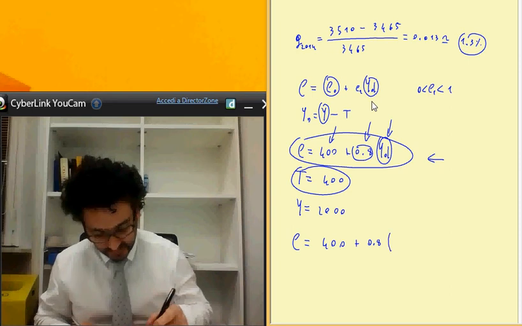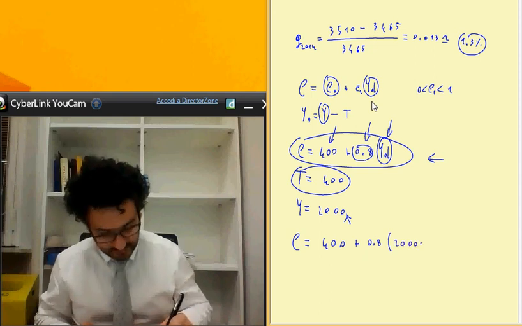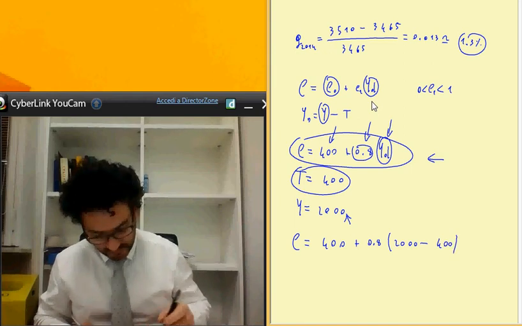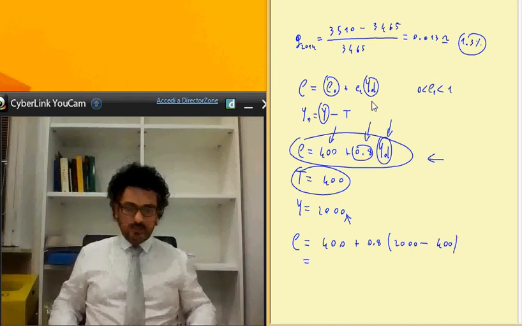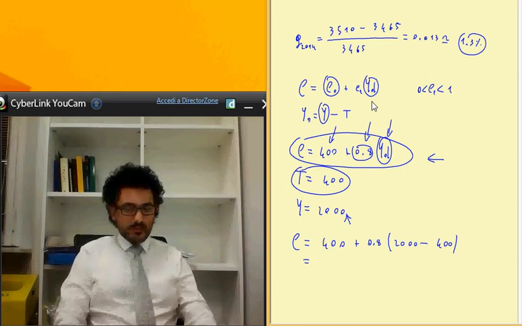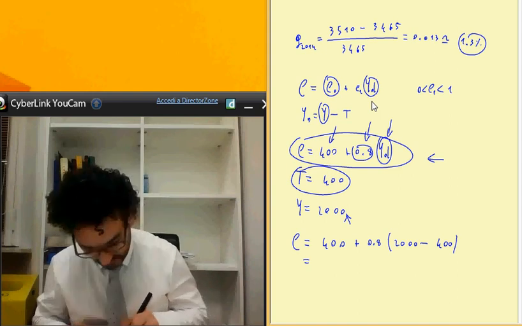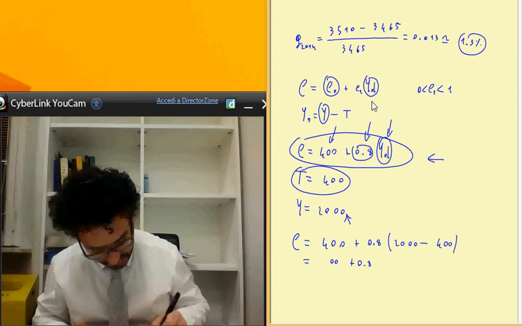But disposable income in this case is the gross income, which is 2000, minus the level of taxation, which is 400. So by this computation the level of consumption will be equal to 400 plus 0.8, which multiplies 2000 minus 400, which is 1600.